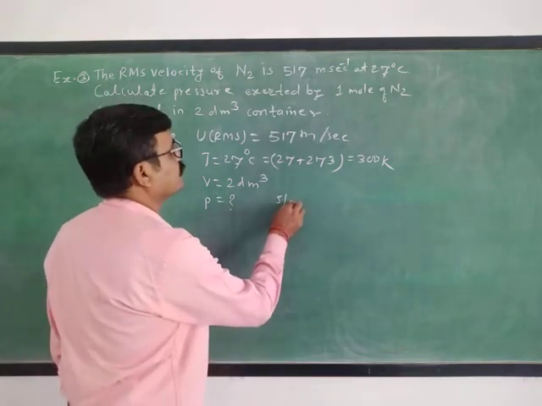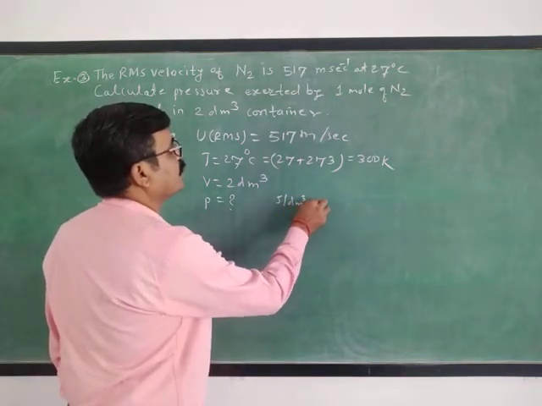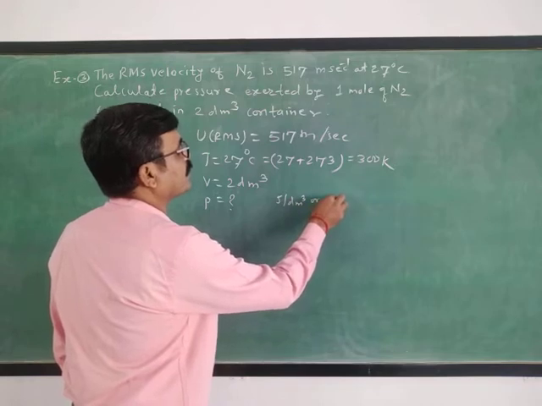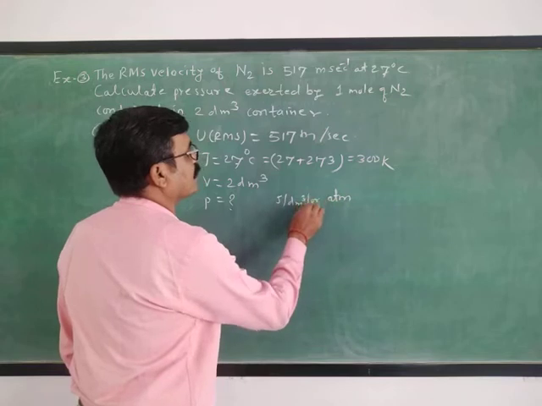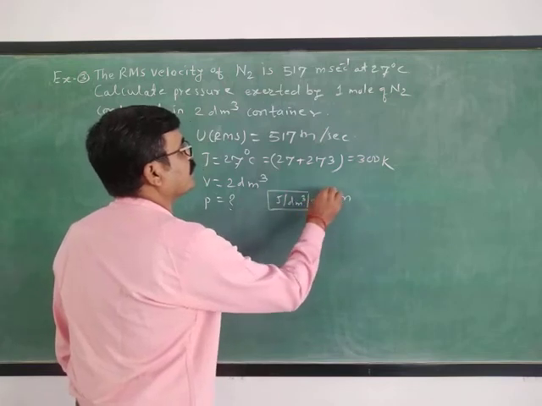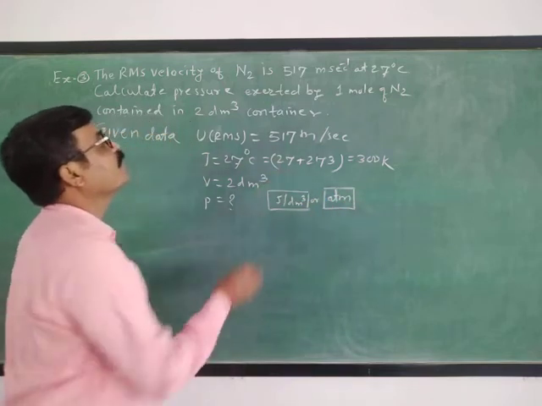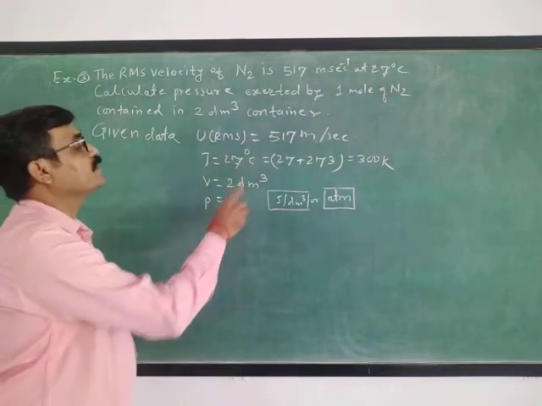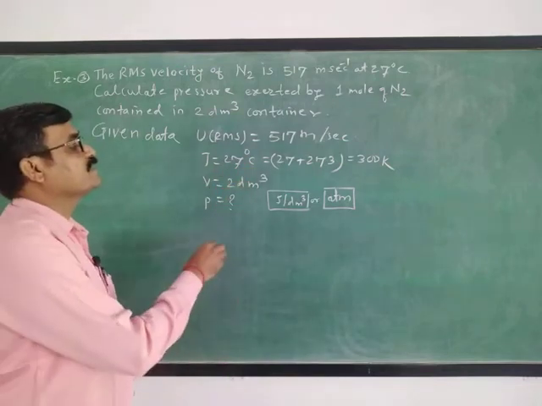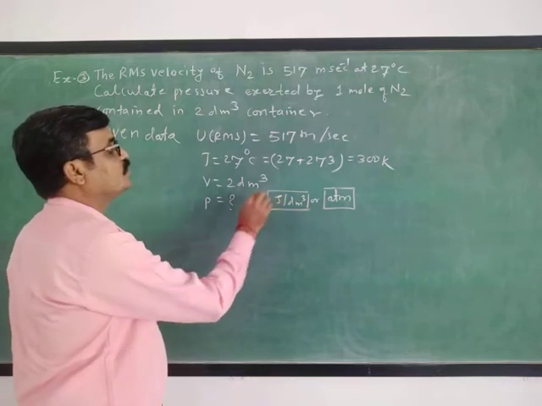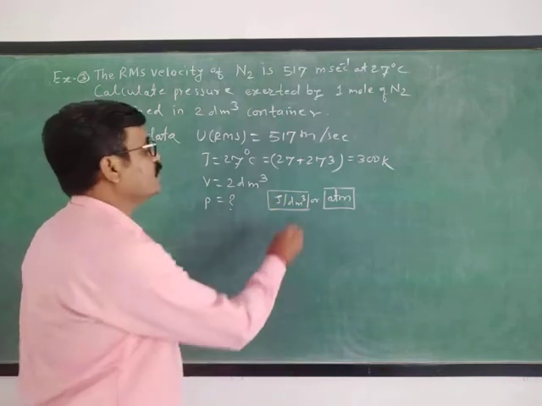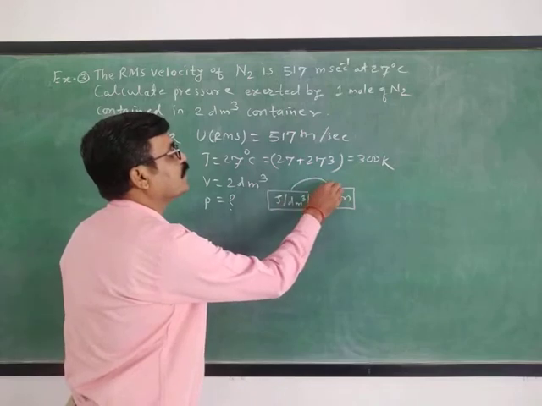If you solve this in SI system, the unit of pressure will be joule per dm cube. Then you have to transfer it into atm.